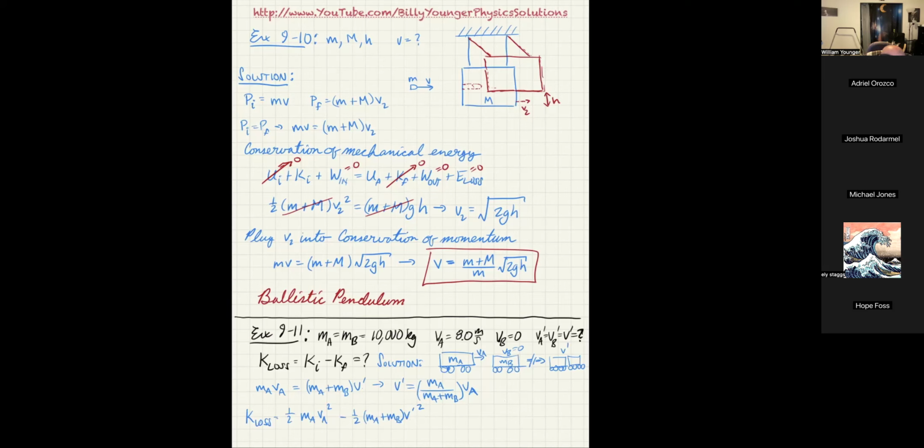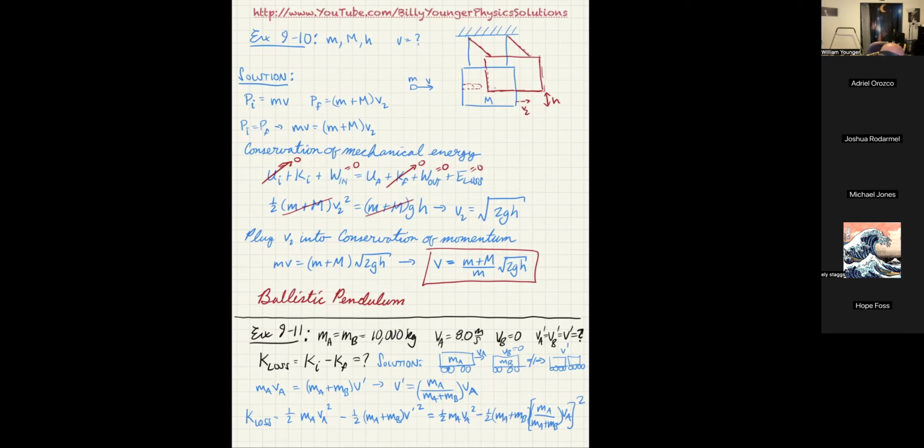I can factor out the 1/2, but the main thing I need to do is go ahead and plug in the V prime. So this is going to be 1/2 MA VA squared minus 1/2 MA plus MB, now times V prime, which would be MA over MA plus MB, VA, and this whole quantity right here has to be squared.